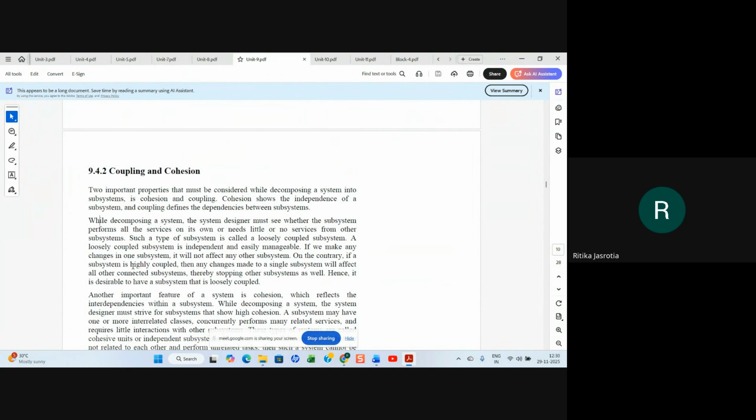On the contrary, if a system is highly coupled, then any changes made to a single subsystem will affect all other connected subsystems. So coupling should be loose and cohesion should be more. Cohesion is independence of a subsystem, and coupling is dependencies between subsystems.